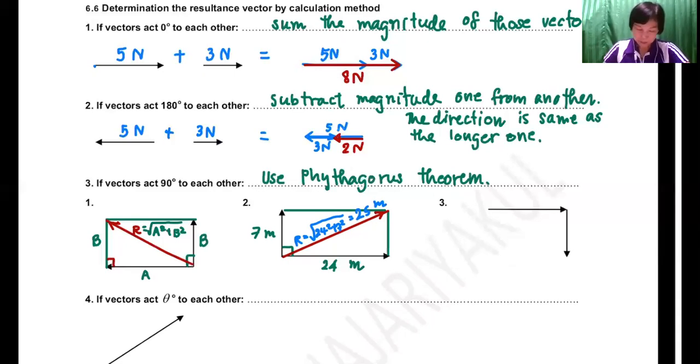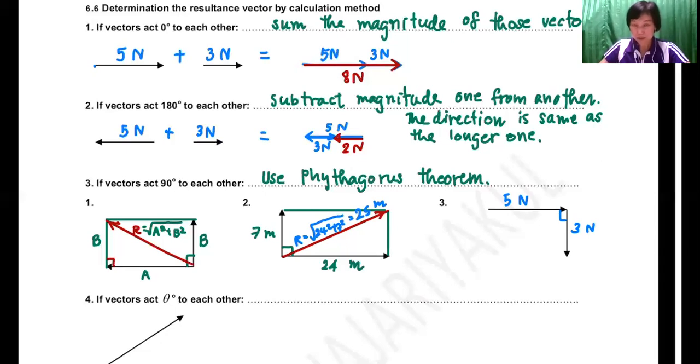Okay, for the third example, suppose we have two vectors. I will let this vector's magnitude be 5 Newton and this one 3 Newton, and they are at an angle of 90 degrees against each other. How much is the resultant?